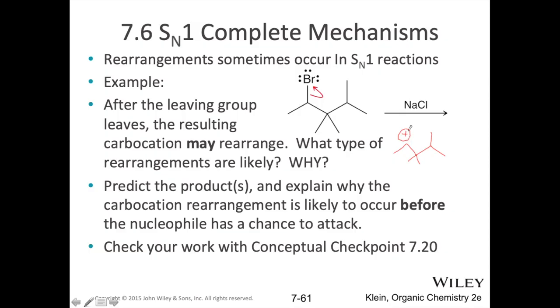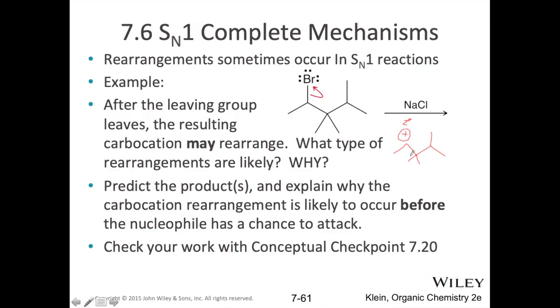This is a secondary carbocation, right? Now look at the carbons next to it. Can I move that positive charge to either of them and wind up having a better than secondary carbocation? Well, if I moved it to the left by doing a hydride shift, this would be a primary carbocation, so that doesn't really help things. But what about here? If I could get that positive charge on this carbon, I could get a tertiary carbocation.